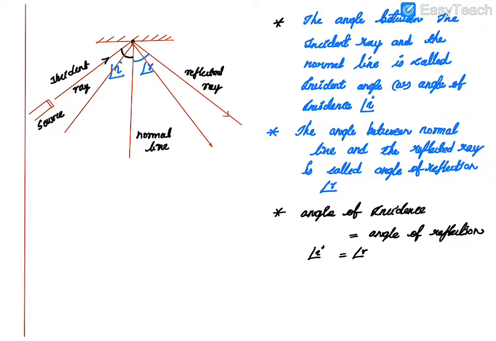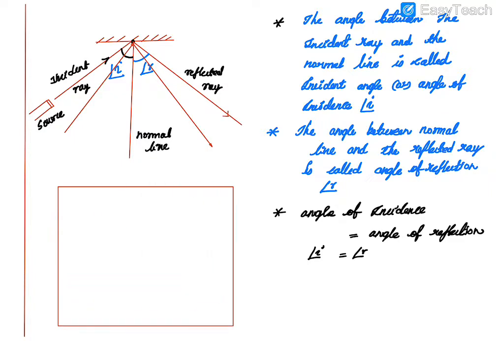See, I will draw one tabular column here. Here I will write angle of incidence and angle of reflection.